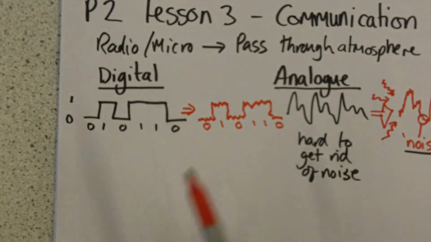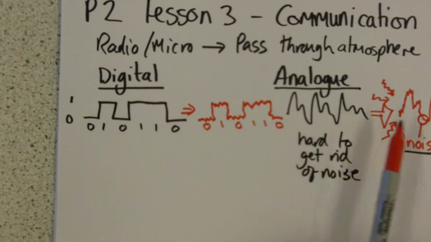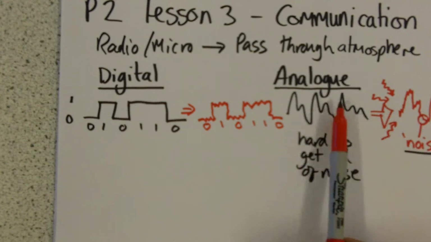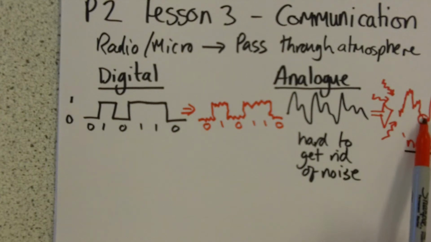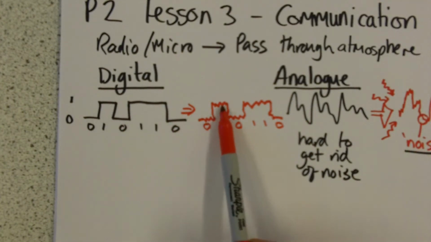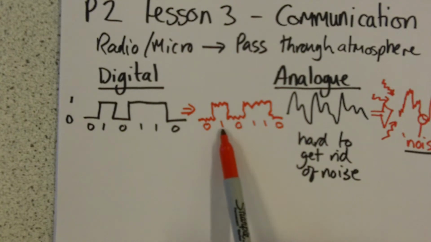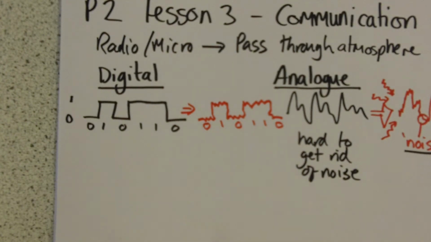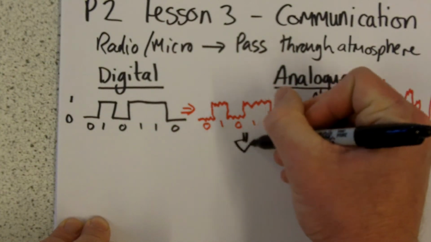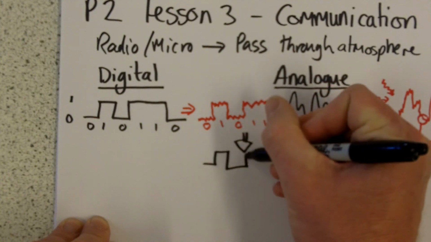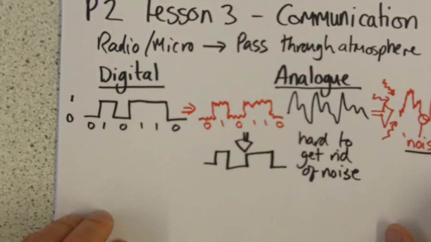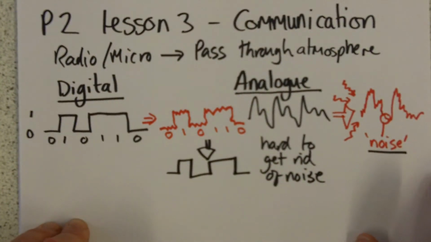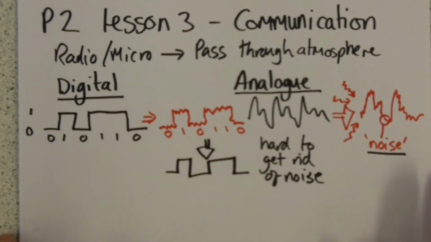So even though both analog and digital signals arrive with noise on them, my smooth signal has now been corrupted, if you like, with this random noise. My digital signal has been corrupted by this random noise, but the fact is I still know what is 1 and what is 0. So effectively, I can clean up that signal using a computer and turn it back into the perfect signal again. Now the key here is the idea that because there's only two states to be in, then it's fairly obvious what's a 0 and what's a 1, and therefore I can regenerate that.